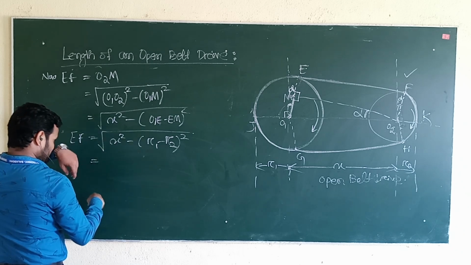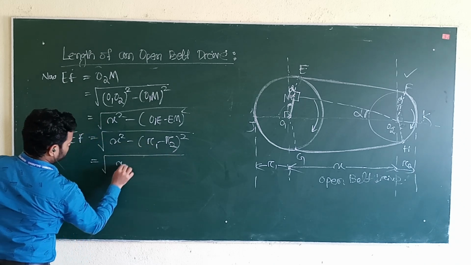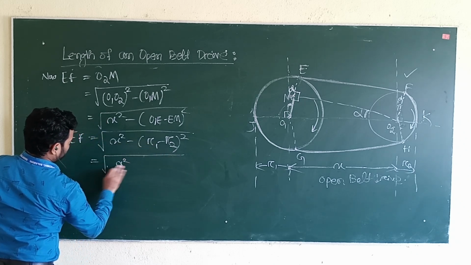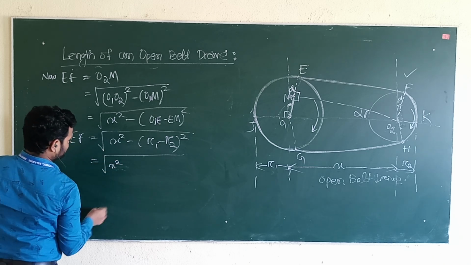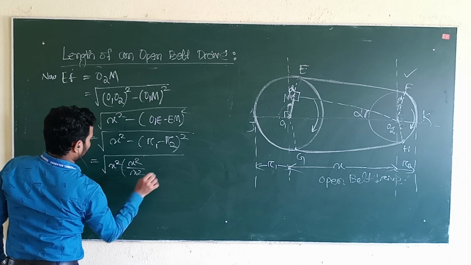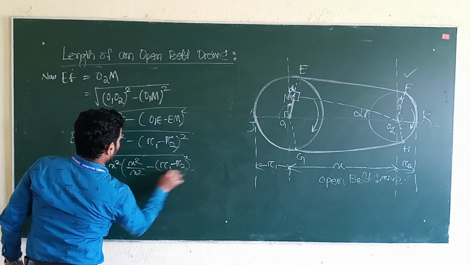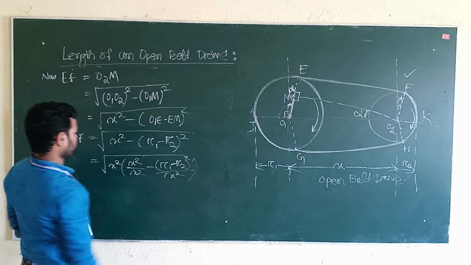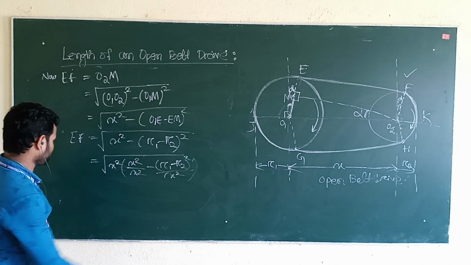If we multiply and divide by X square, there will be no effect.